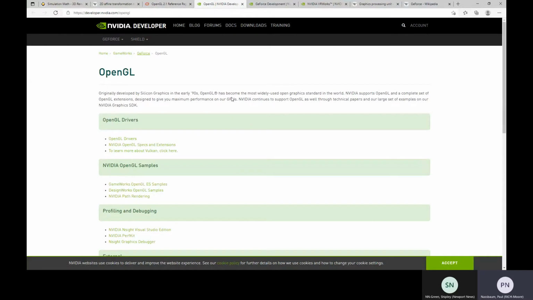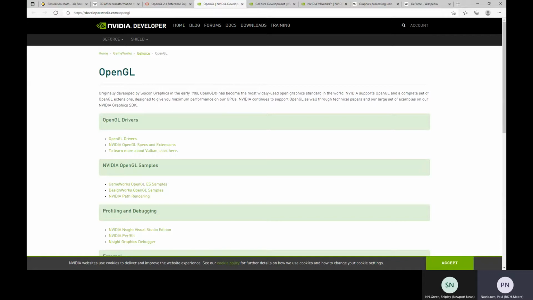NVIDIA makes chips that accelerate your graphics programming, or let's say make your video game faster. And the idea of mathematics acceleration is useful, but only if I don't have to rewrite my video game for every new kind of hardware.